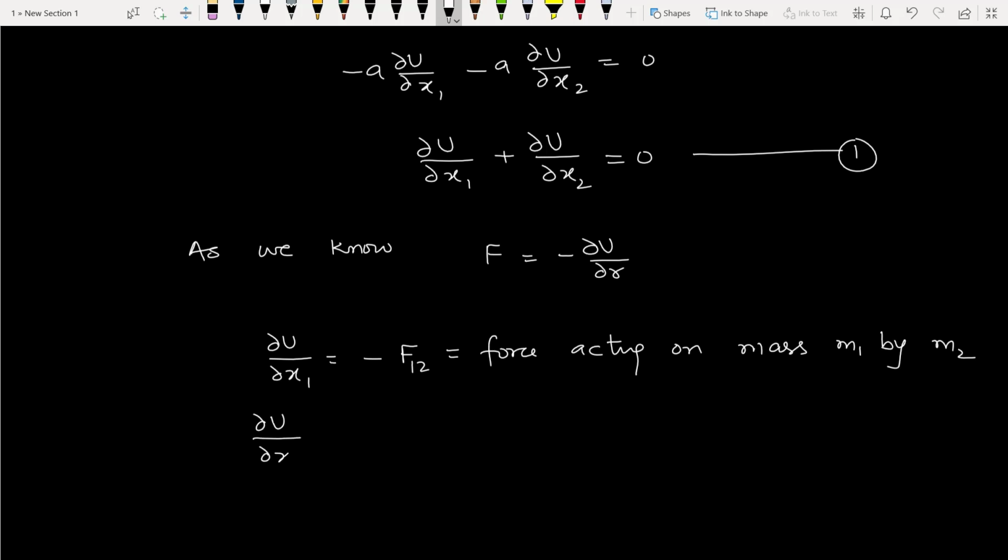Similarly, ∂U/∂x2 will be minus F21, the force acting on mass m2 by mass m1.